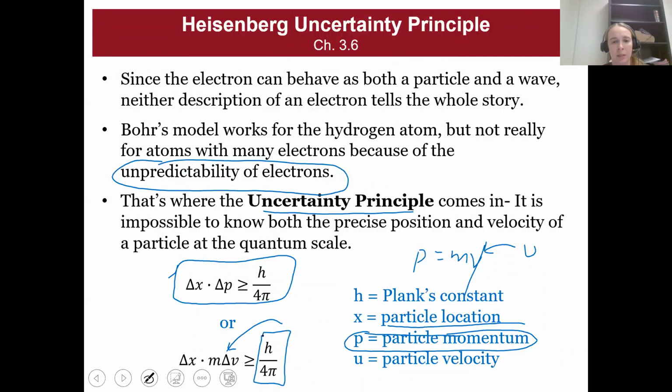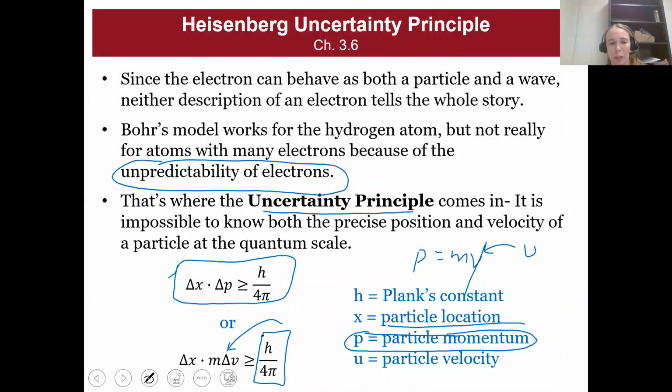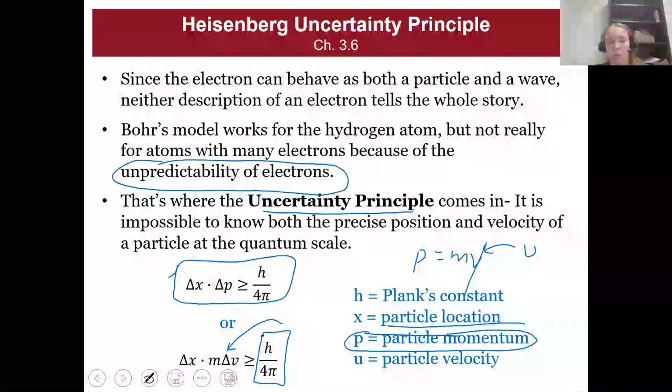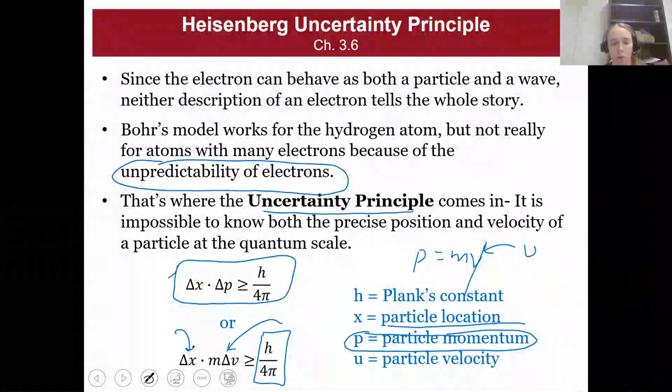Planck's constant divided by 4 pi is a really, really small number. So the uncertainty in these values is going to be a really small number, but it can't be too small, because we're going to know the certainty of one or the other, but not both.